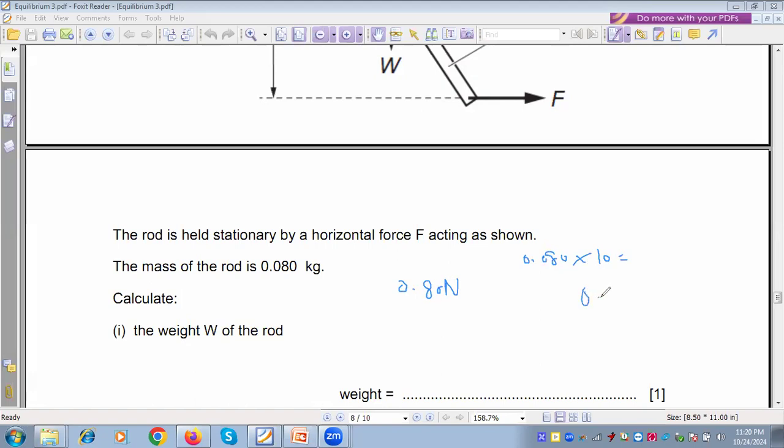Otherwise, if we use 0.080 into 9.8, it will be slightly smaller: 0.784 Newton.